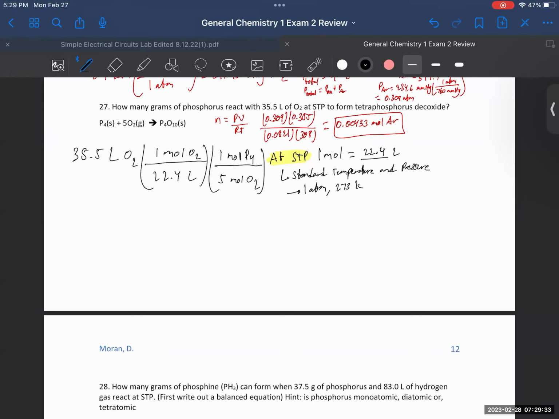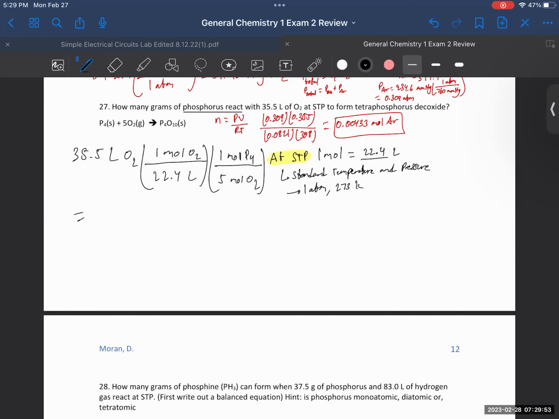And here's a shortcut. Oxygen is our limiting reactant. The reason is that if the question is asking for the grams of phosphorus that react, then it's basically asking about the excess reactant. So phosphorus is not limiting, or sorry, it's in excess.